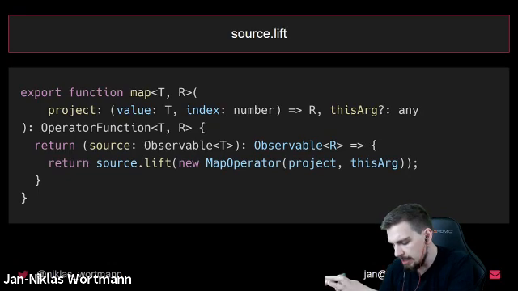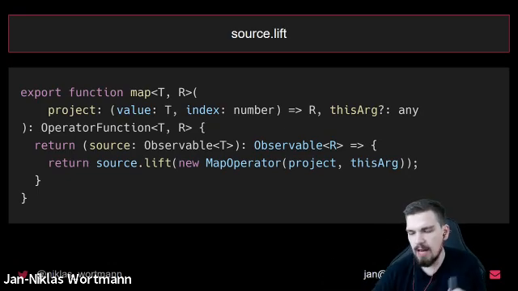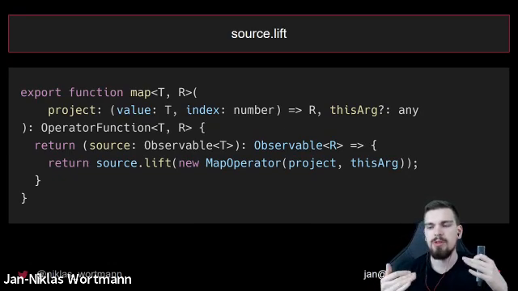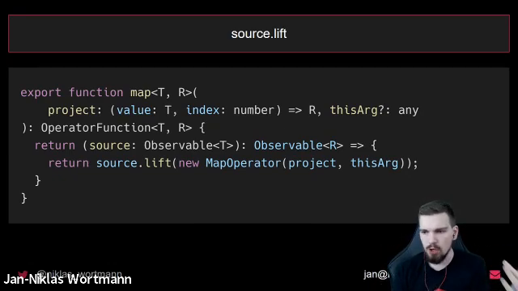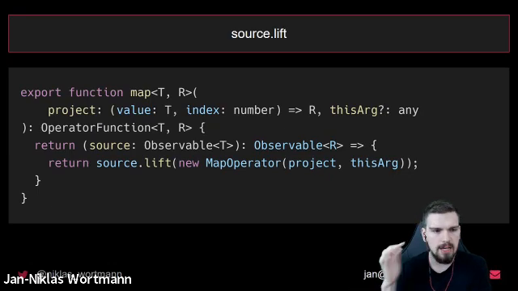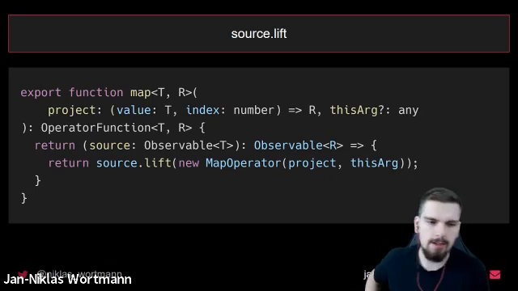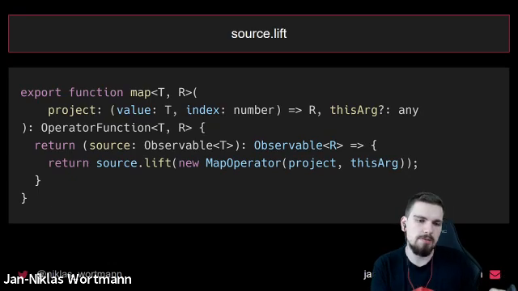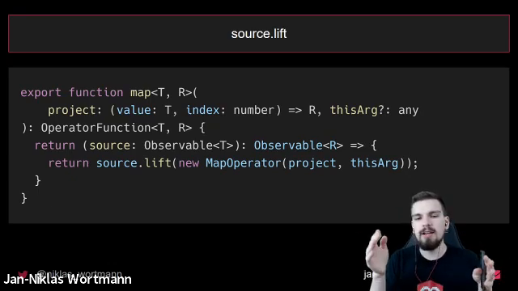To explain this architecture itself, I will just take a deep dive into the implementation of map, because map is a known operator most of the time, and it's fairly easy to comprehend. So for those of you who are not aware of map, it takes a function that is applied to every single value emitted by the observable, and it returns a new value.